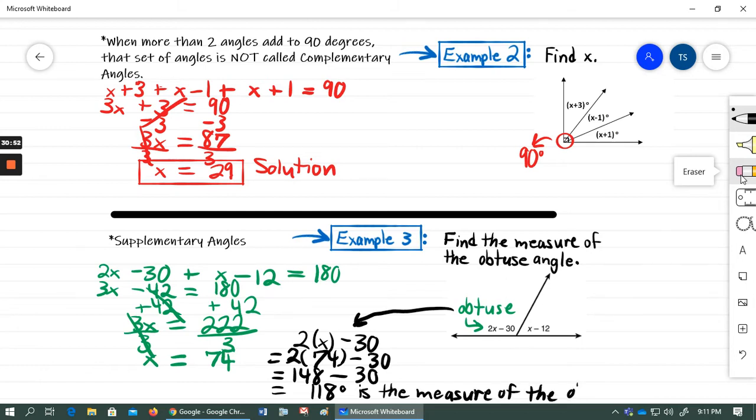Obtuse angle. All right, awesome. There we go. 118. That'd be our solution right there.